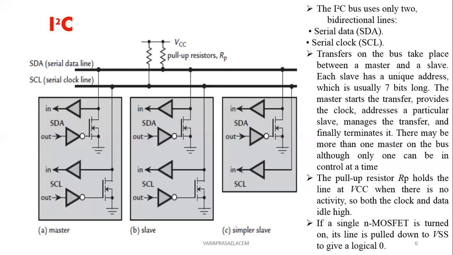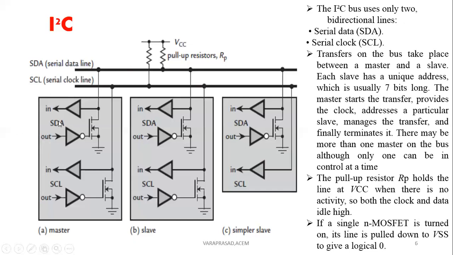That you have to observe. Only one master and one slave will be active at a time. If the signals on SDA and SCL are not available, both SDA and SCL are connected to the VCC. That means those two are active high, at position 1.